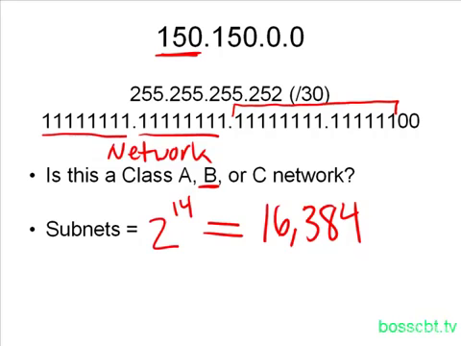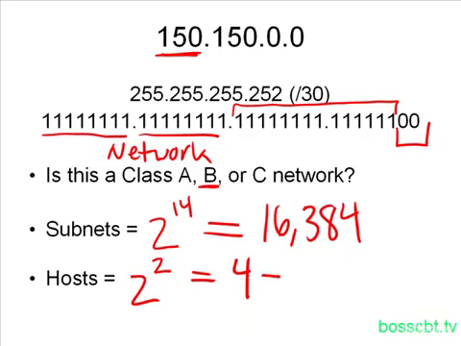Let's go ahead and see how many hosts are going to be in each one of those subnets. So the formula there is 2 to the number of host bits. Here there aren't very many. There's only 2 left. 2 to the power of 2 equals 4, and then we subtract 2, one for the subnet number, one for the broadcast, to give us 2 valid hosts in each one of these 16,384 subnets.